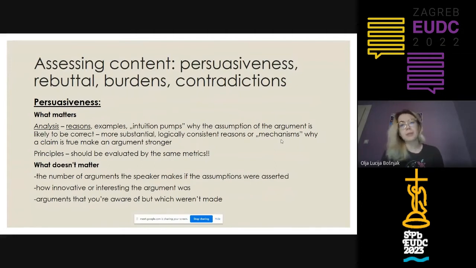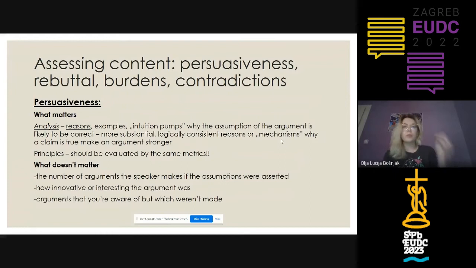So I start with probably the most relevant one, which is persuasiveness. So what does this mean, right? It's always when someone tells you analysis, right? But it's basically all the reasons, examples, intuition prompts on why the assumption of the argument is likely to be true. So obviously, if you have one argument which just asserts, if we do X, that's going to bring safety, and then a claim which says that is an assumption, like if we do X it is going to bring safety, and then here are 3 reasons as to why different stakeholders are going to react in a way which brings safety.